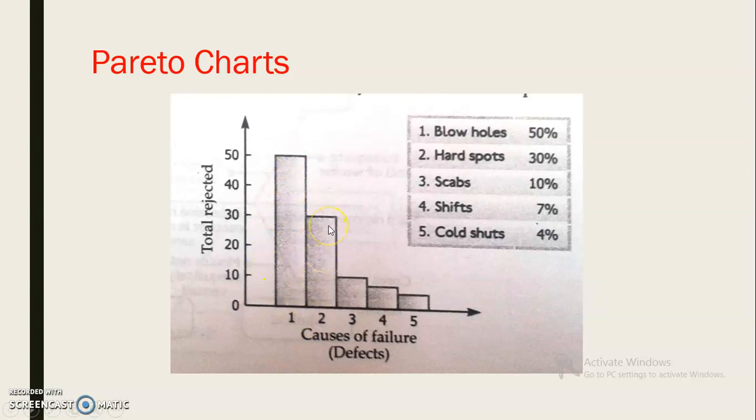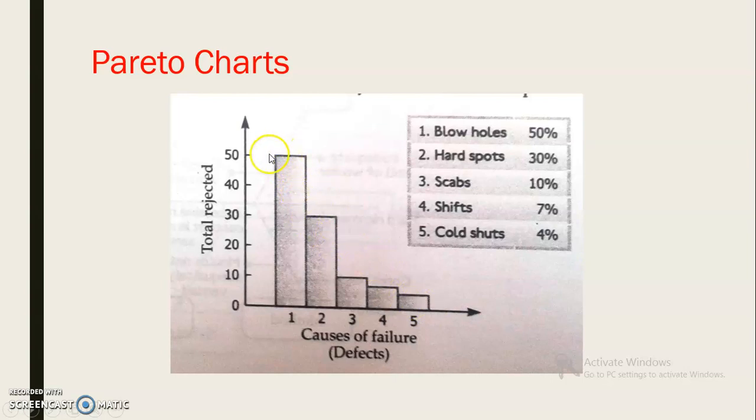Then there is the hard spot, which contributes 30%, and cold shut, which contributes less than 10%, it is 4%. Now this is the Pareto chart with diminishing height of the bars.